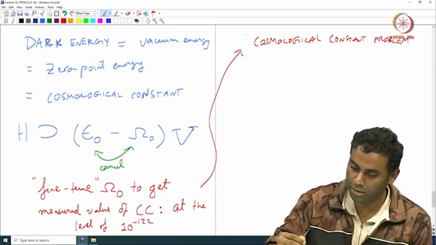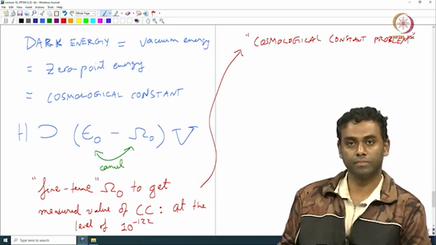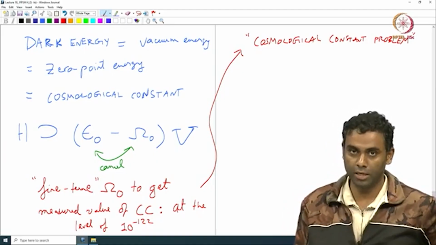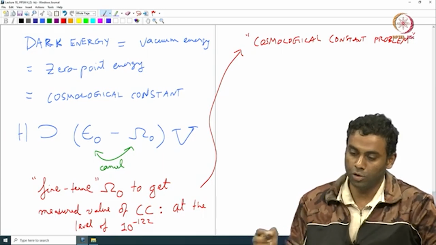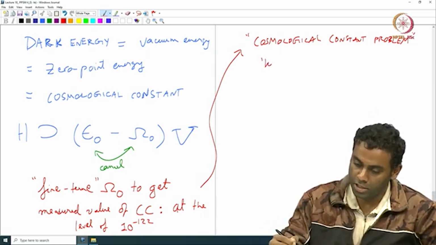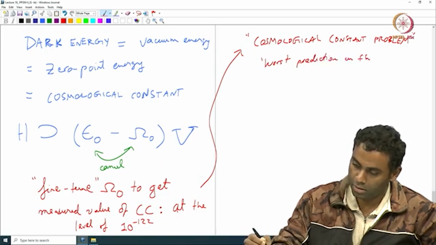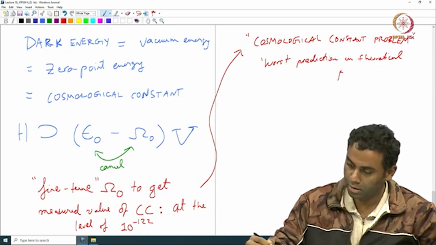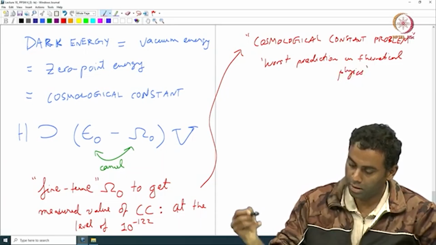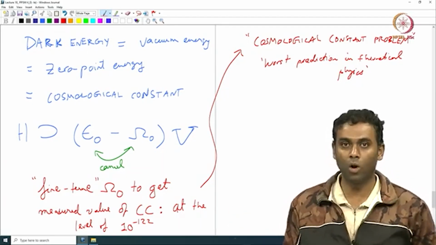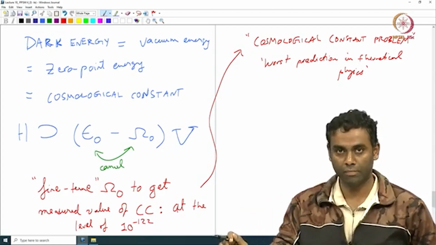And many people consider this the biggest problem in theoretical physics, and people also call this the worst prediction in theoretical physics. Why? You started with simple principles, and then as an immediate consequence you got a number out which turned out to be 122 orders of magnitude off. Correct?